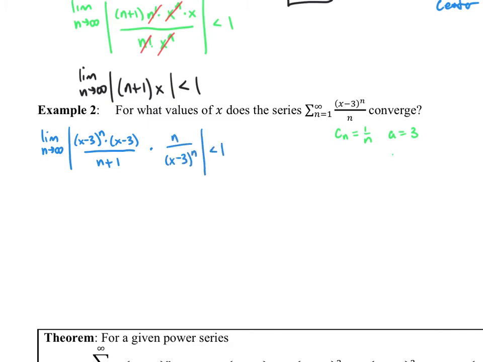So I'm simplifying, or I should say just kind of rewriting the ratio test by essentially jumping into that second step versus setting up the whole very first step with a sub n plus 1 divided by a sub n. And we can cancel some terms here. So we have x minus 3 to the n canceled. N divided by n plus 1 will cancel as n goes to infinity. And our limit is done, and we're left with the absolute value of x minus 3 is less than 1.